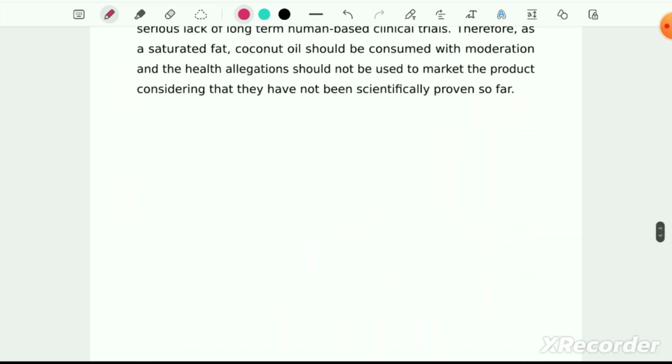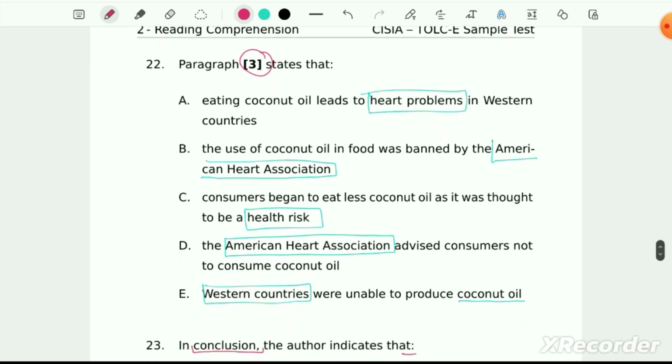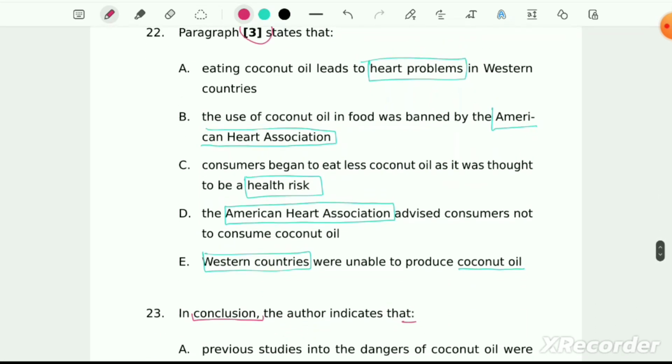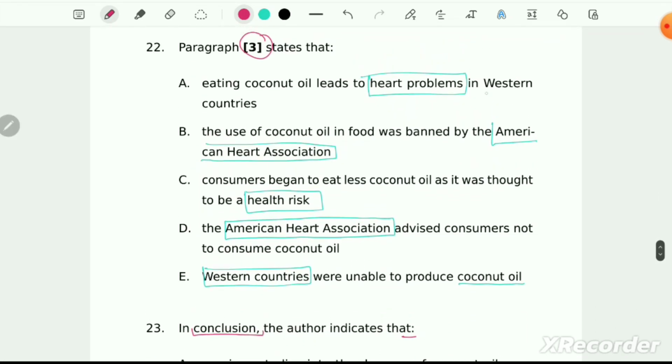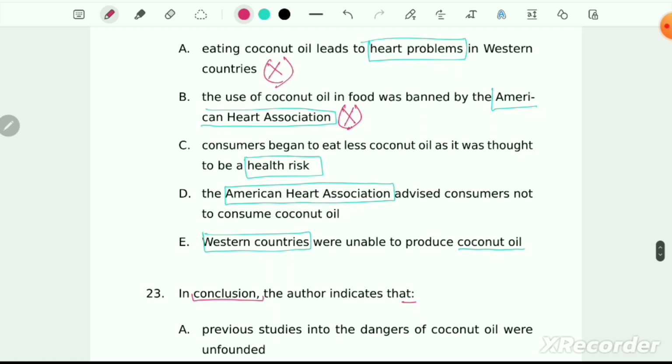Let's find the answer now. Okay, so eating coconut oil leads to heart problems in Western countries. This was not mentioned. We didn't find any issues regarding heart problems. The use of coconut oil in food was banned by the American Heart Association. No, they didn't actually ban it. They were just informing the people.